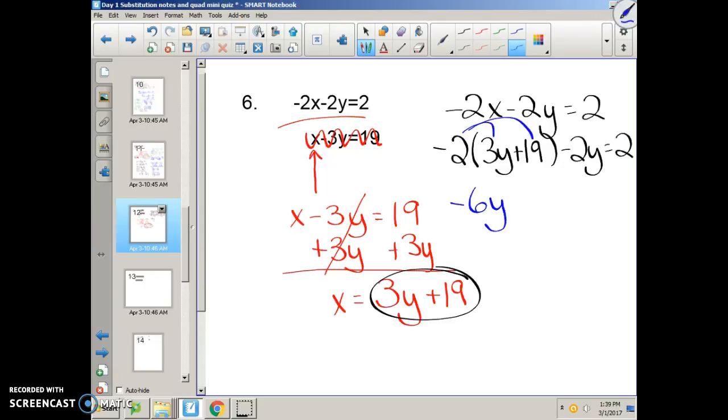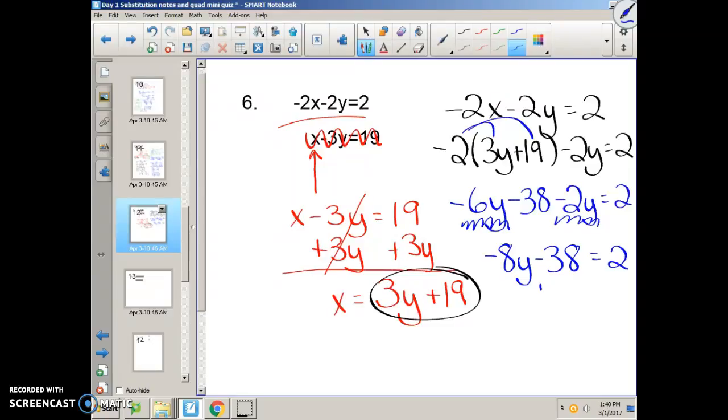Negative 6y minus 38 minus 2y equals 2. Getting down to our basic algebra skills here again. Negative 6 and negative 2 equal negative 8y minus 38 equals 2. Add 38 to both sides.